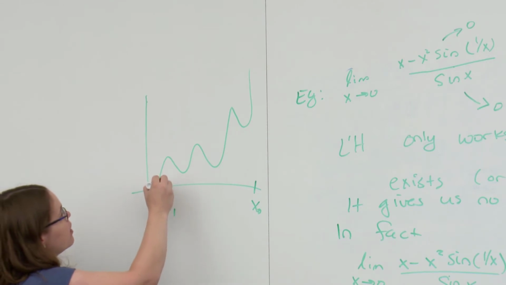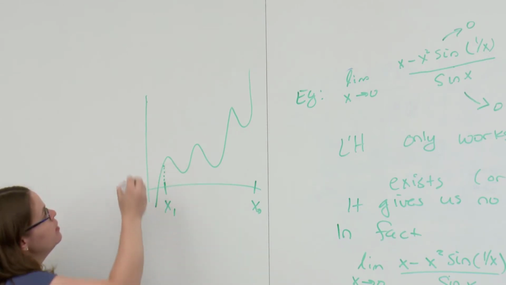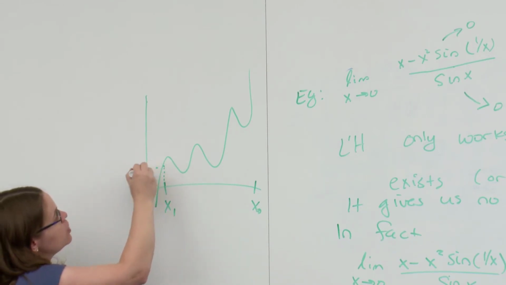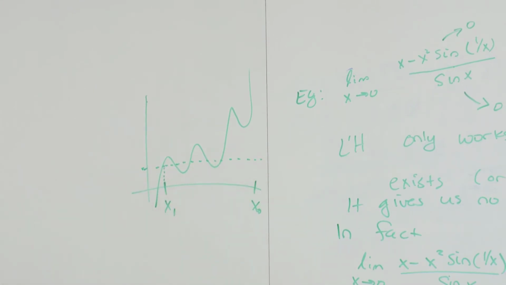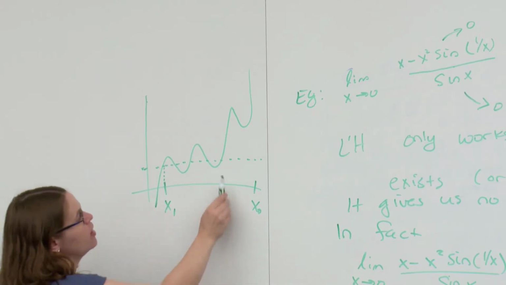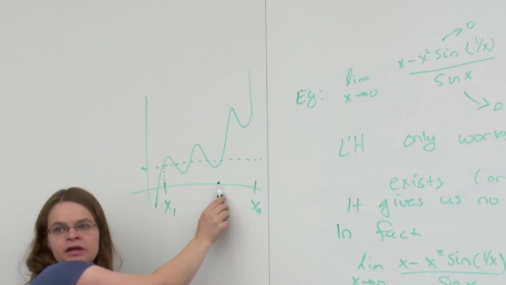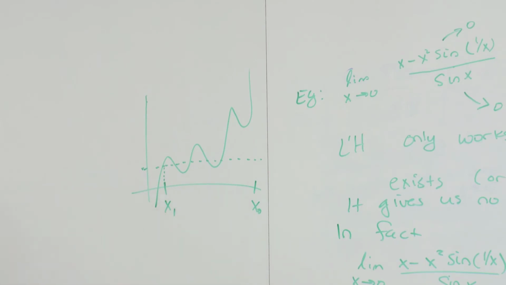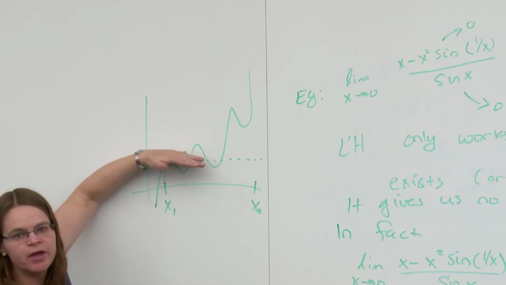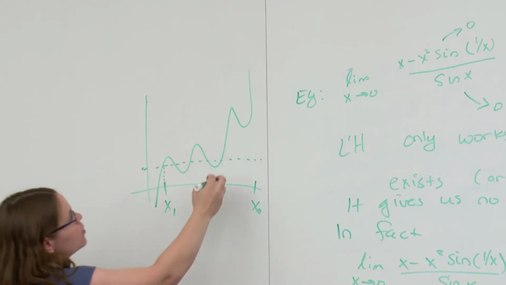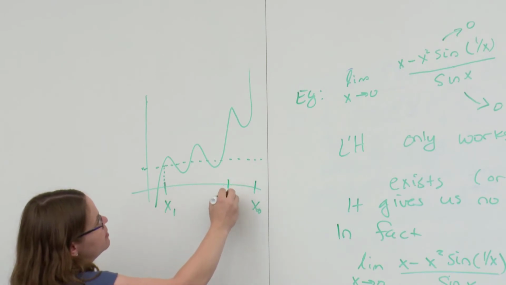Then I can say it's positive, it's some value, and I could draw a new line here. Again, as long as we're close enough to x0, we're always going to stay above this line. That's what it means for the limit to be infinite: no matter what value I put here, eventually f of x is going to be bigger than that value.